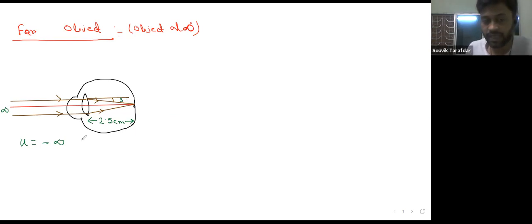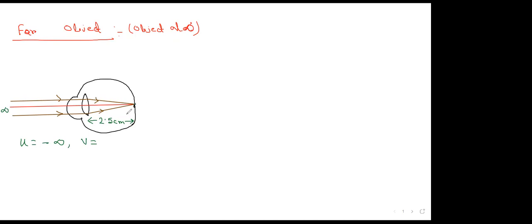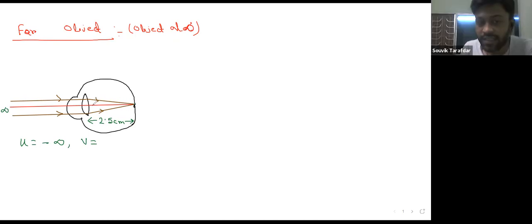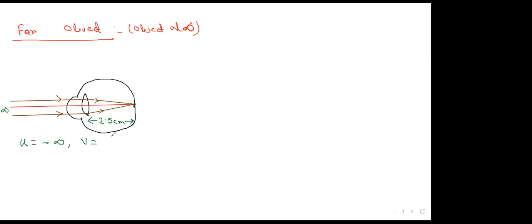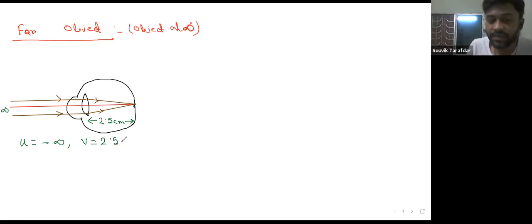The image is formed on the retina. The retina is at what distance from the lens? 2.5 centimeters. So V will be 2.5 centimeters. Understood?